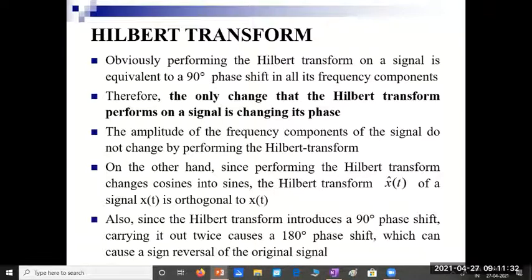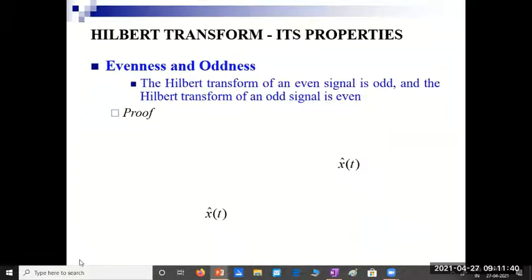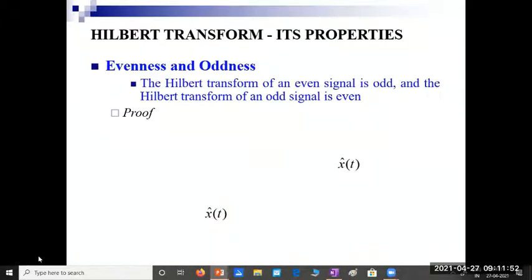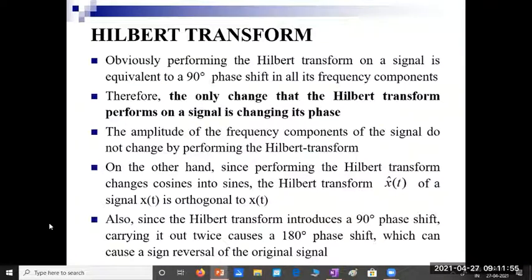Also, since the Hilbert transform introduces a 90-degree phase shift, if I carry out this Hilbert transform twice, say I have a Hilbert transformer to which we are applying the signal x of t.